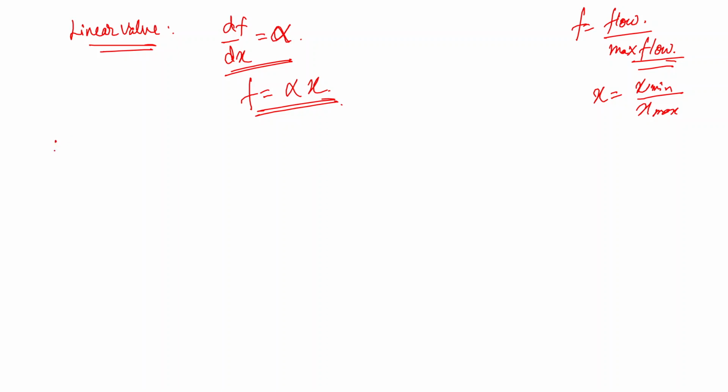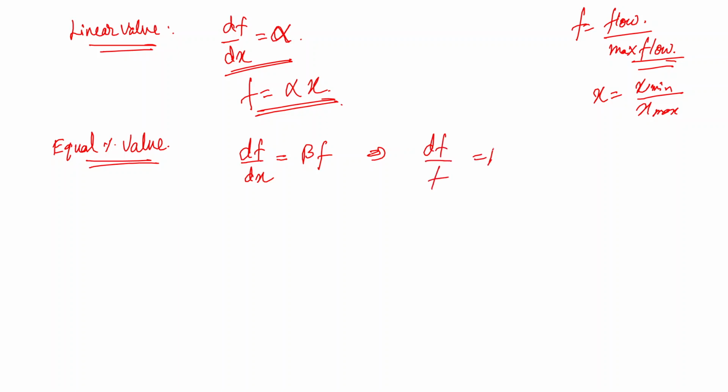The second kind of valve we can call the equal percentage valve. In an equal percentage valve, df upon dx will be proportional to f, that is, beta f. From this equation, we can write that df upon f is equal to beta dx.